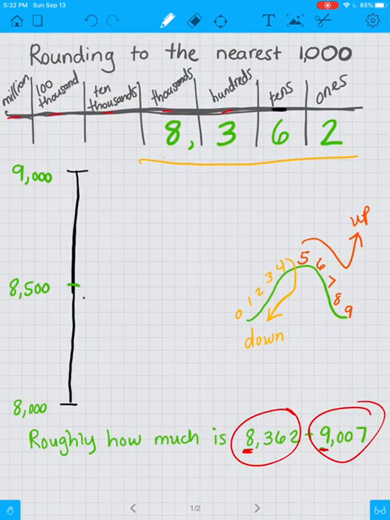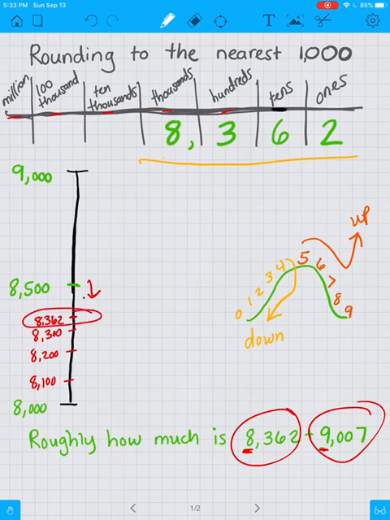So I know 300 is less than 500, so it's going to be somewhere over here. So basically it would be like 8,100 somewhere here, 8,200, 8,300. So 8,362 would be somewhere around about here.